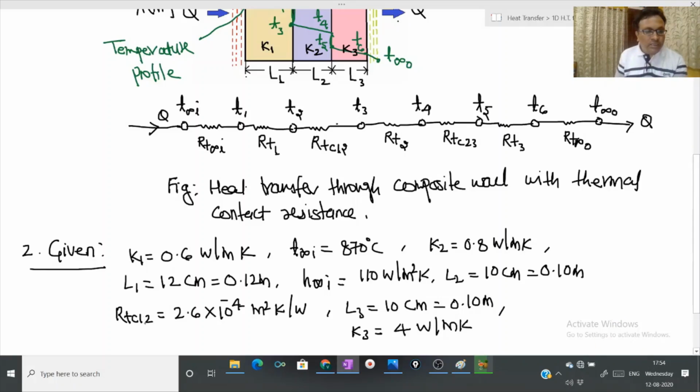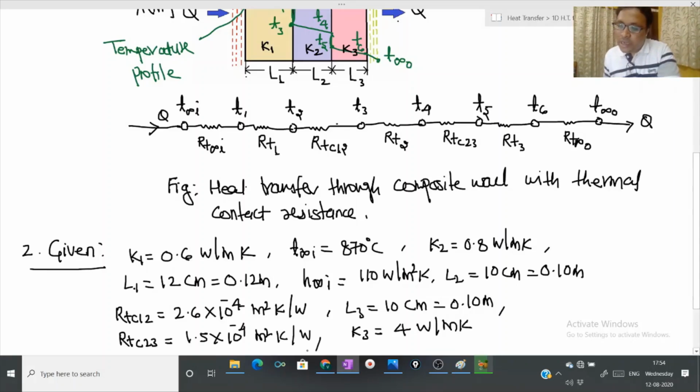And the thermal contact resistance at the interface 2,3 is also given. RTC23 is given as 1.5 into 10 to power minus 4 meter square Kelvin per watt.